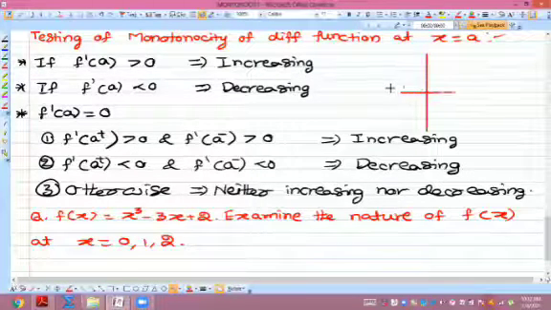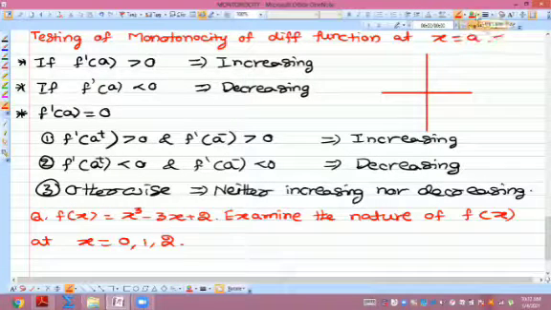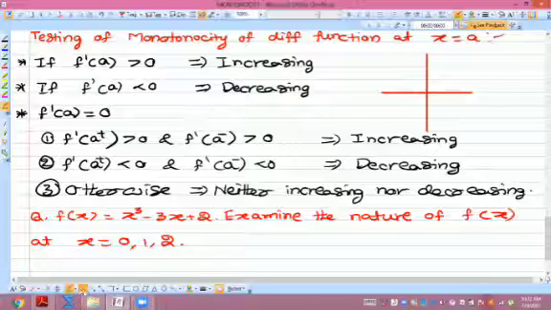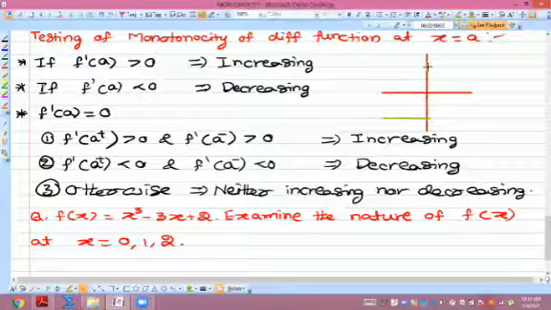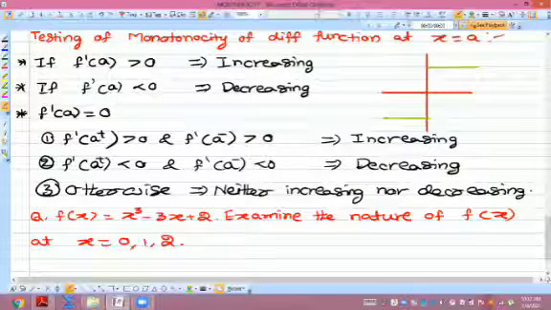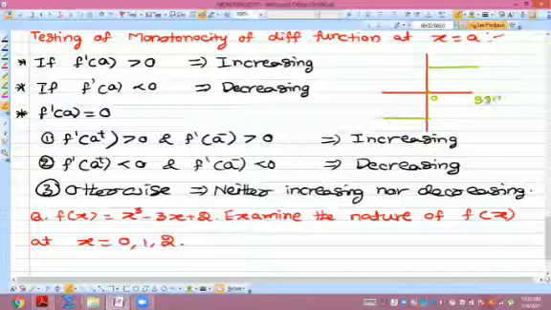Just give me a moment, I'm drawing the graph. At 0, what is the value of f first of all? 0.